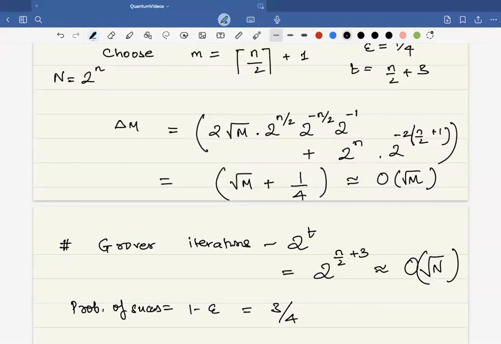So we have improved the number of database calls by a quadratic factor with the same probability of success and the same accuracy.